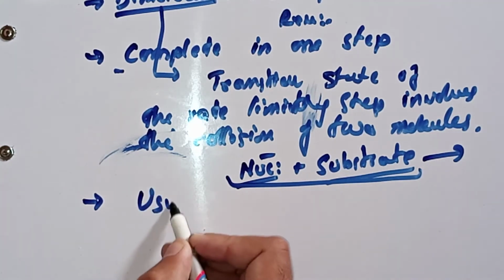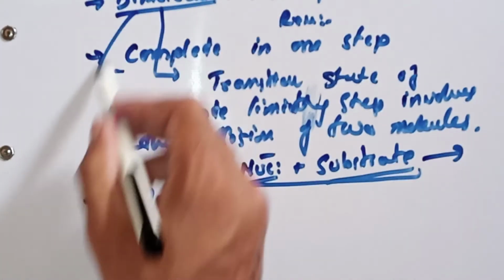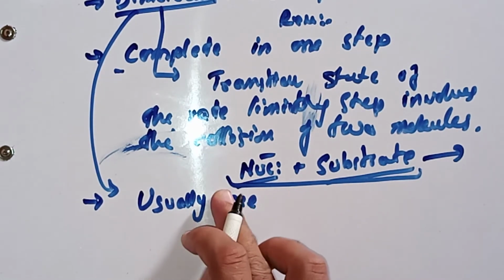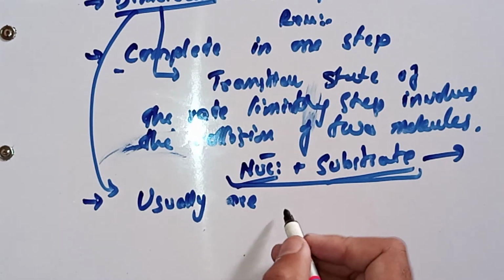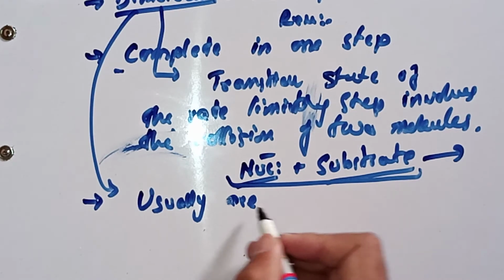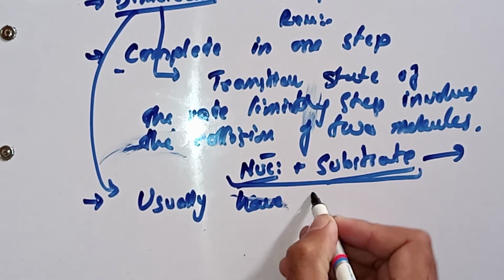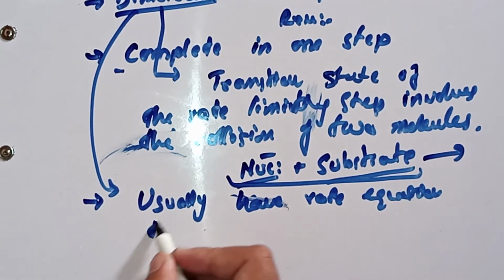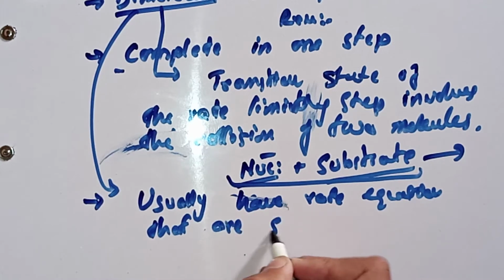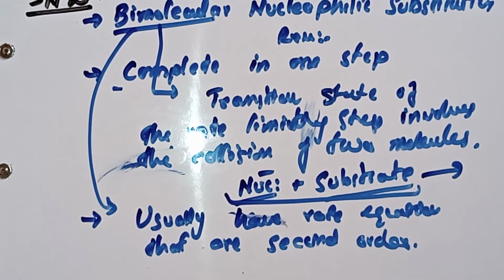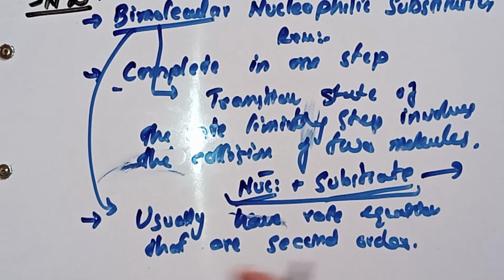Usually, bimolecular reactions have a rate equation that is second order.